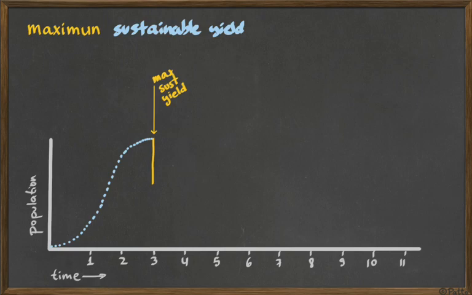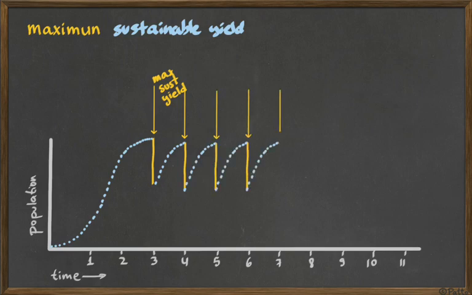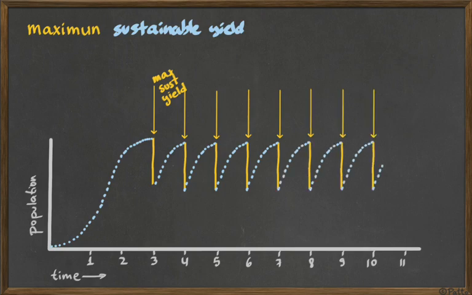You fish almost a third of the fish population, and with that amount, the fish are capable of going back to the plateau, and then you can fish them, and they stay around a certain number because they reach a population size that they can replace every year. So this is the maximum sustainable yield.